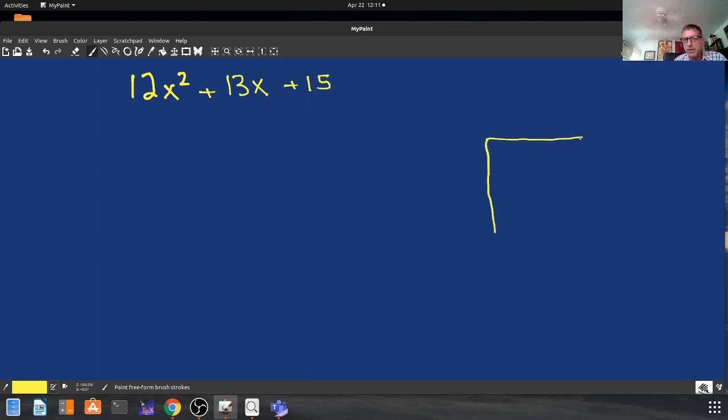See, 12 is not prime. This is so much easier than any of the other methods in my view, even when the leading coefficient of the degree 2 term is not prime.